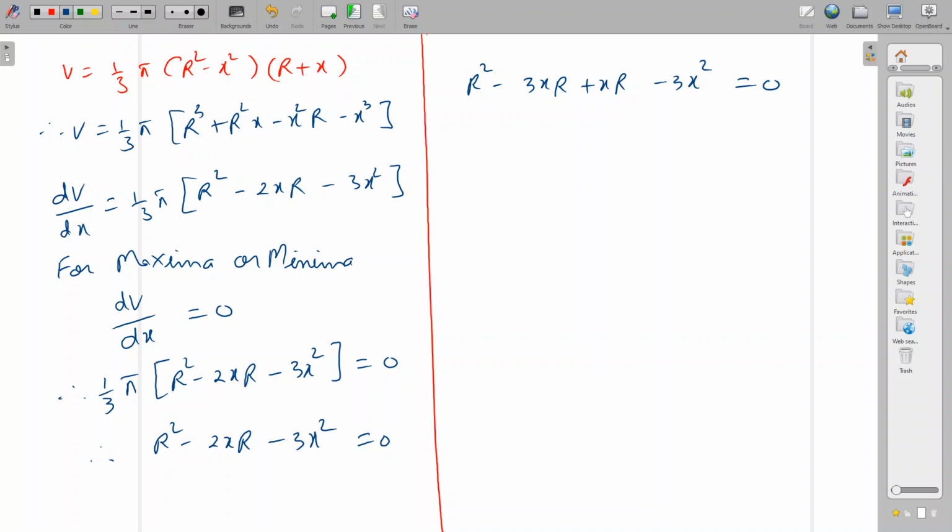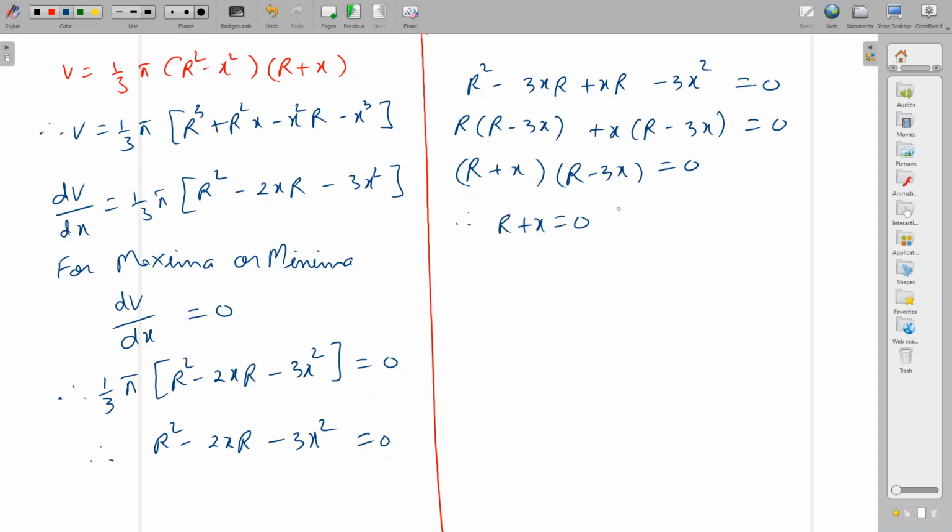Now from the first two terms we can take out r common, so we will get r into (r minus 3x), plus from the third and fourth terms we can take out x common, so remaining will be (r minus 3x), and that is equal to 0. So simplifying this further, we will get (r plus x) into (r minus 3x) equal to 0. Therefore, r plus x equal to 0, or we will get r minus 3x equal to 0.